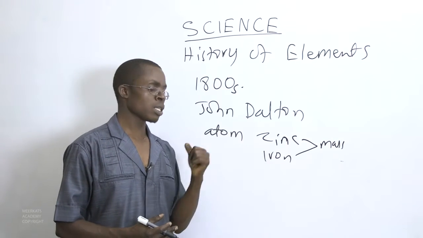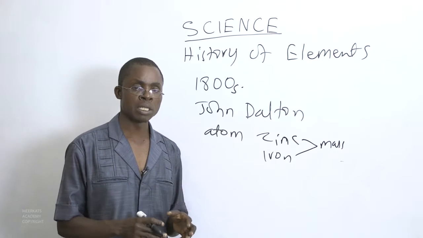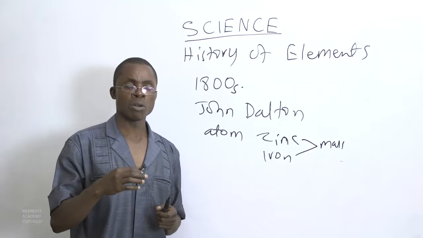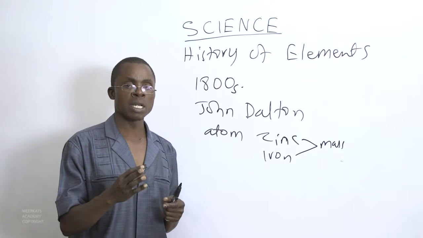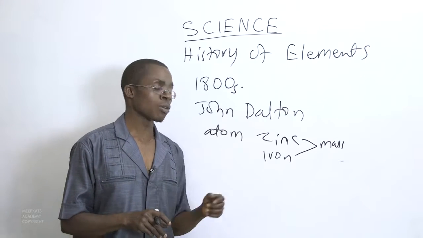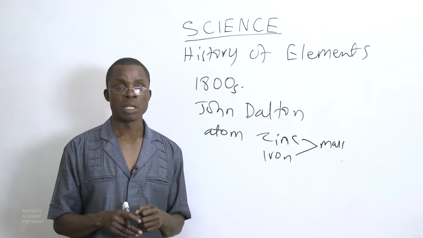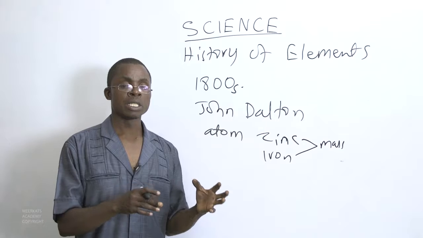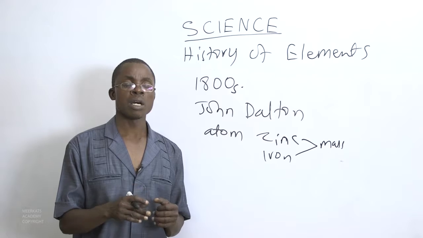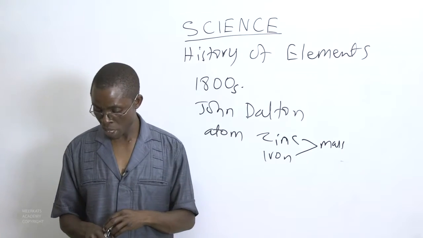Because when you look at the mass of iron and the mass of zinc as metals of the same size, they will vary in weight. Meaning that the small particles making up that zinc bar or iron bar must automatically be different in terms of mass, which is also true up to today. If this substance is different in mass from the other one, then the small units making those different substances will automatically vary in terms of mass.